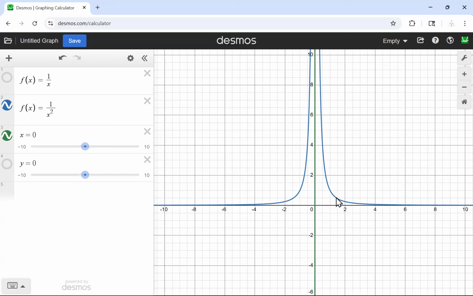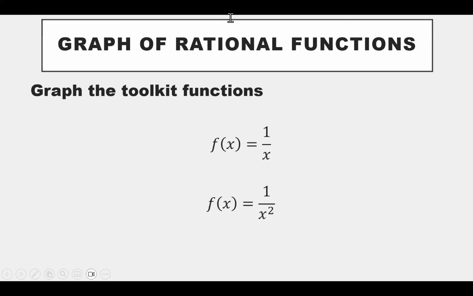As the x value gets closer to 0, the y value shoots off towards infinity. And in this case, on both sides, it's shooting off towards positive infinity. So we have a vertical asymptote at x equals 0. Both of these had a vertical asymptote of x equals 0.